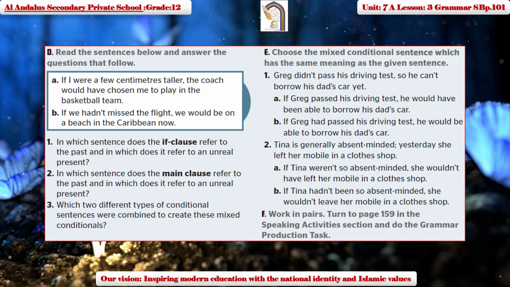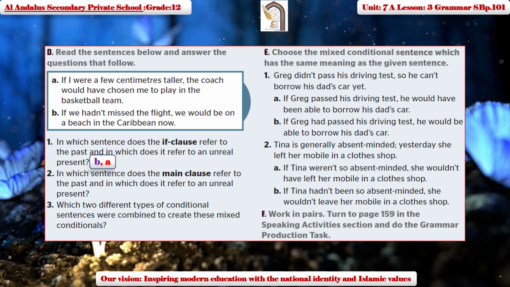As you can see, gentlemen, these sentences are related to mixed conditionals. Question 1. In which sentence does the if clause refer to the past, and in which sentence does it refer to an unreal present? That's right. Sentence B refers to the past, but sentence A refers to an unreal present.